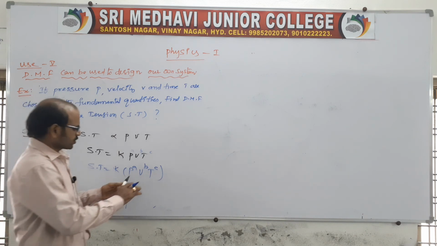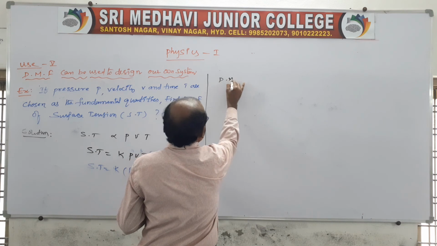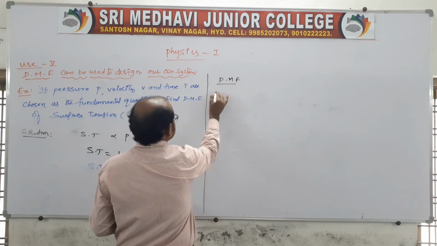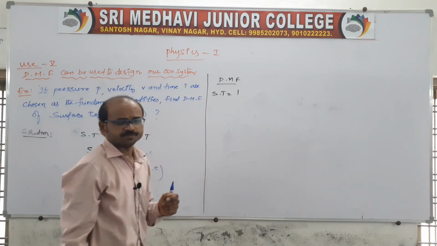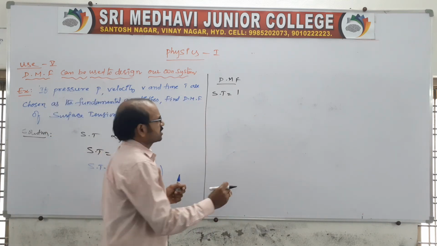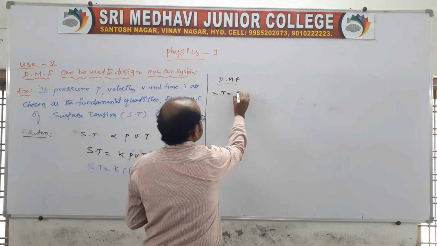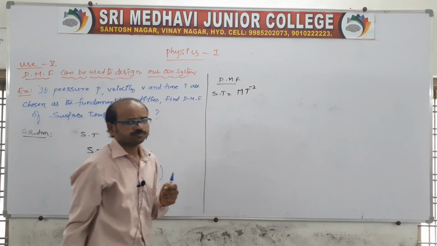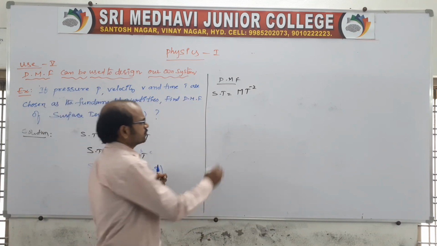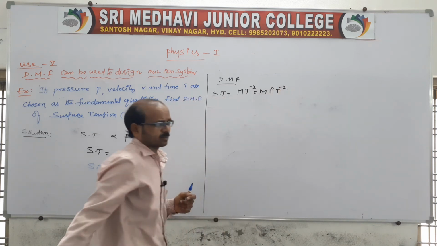So again you write the dimensional formula, DMF, for all quantities. Surface tension we know is force per unit length. In the tabular form we already know it is M T power minus 2. This is the dimensional formula, or we can also say M L0 T power minus 2, no problem.